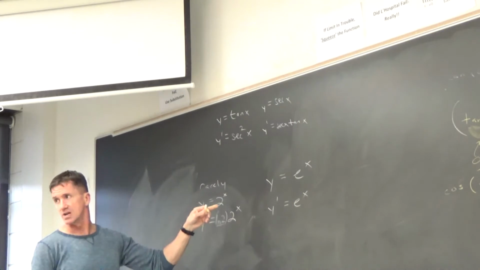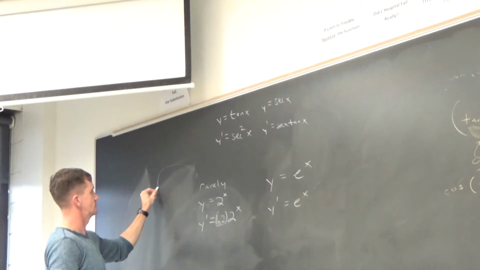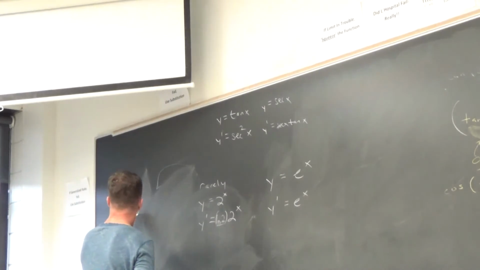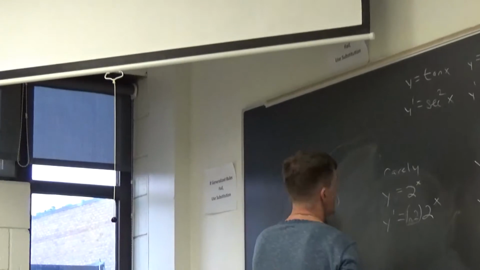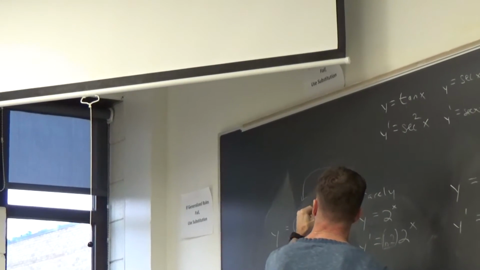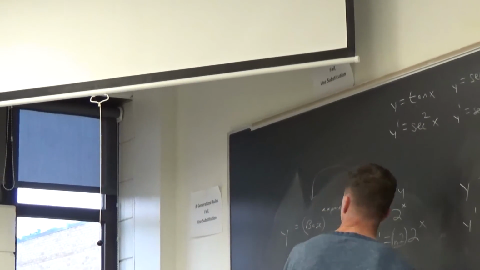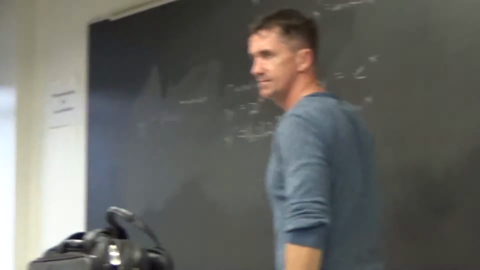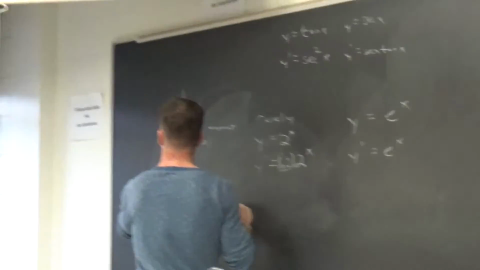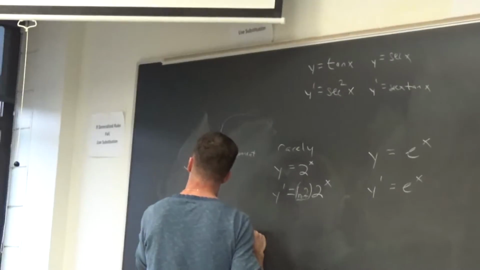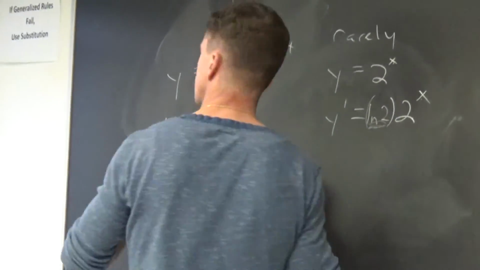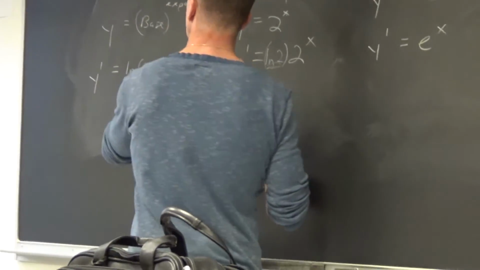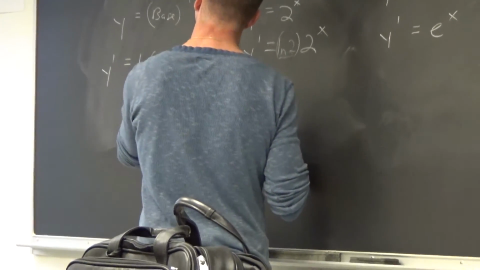So, what's the most complicated case for these rare cases is where you have any base, right, raised to some exponent different from e to the x, right? Well then, the derivative will be this. Make sure you write the natural log of that base. Rewrite the base to the exponent.